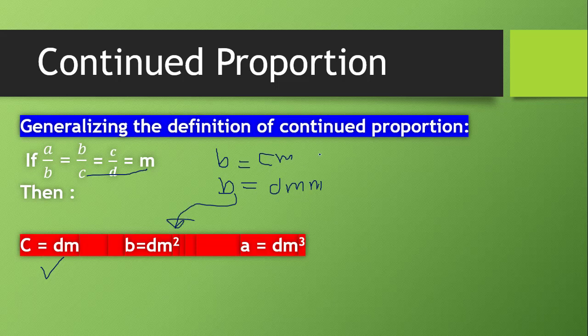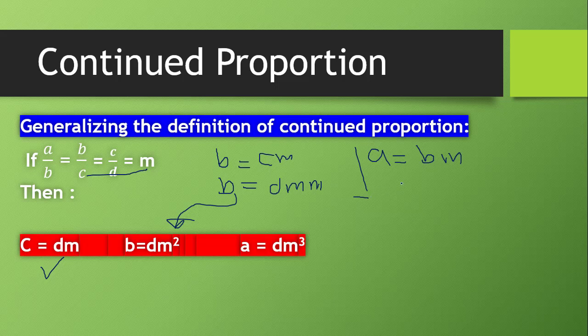Okay, let's go back to A. A equals bm. But we have here B equals dm power 2.